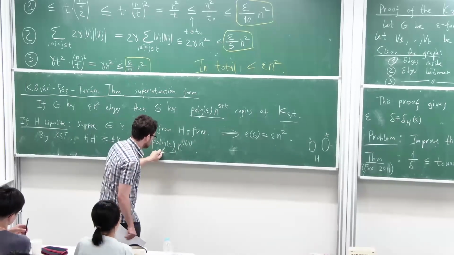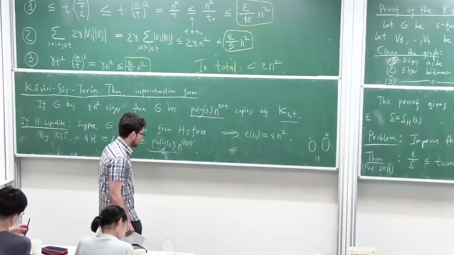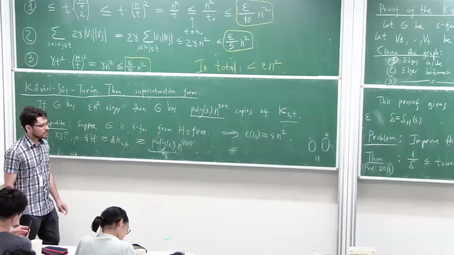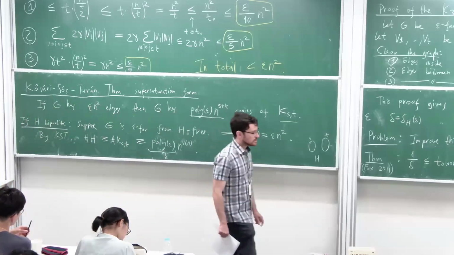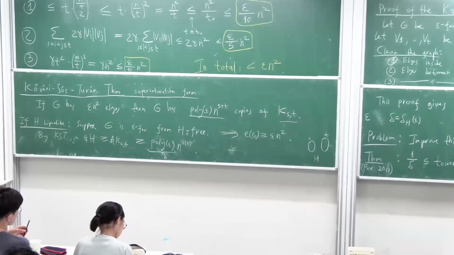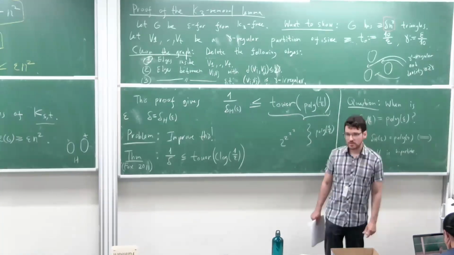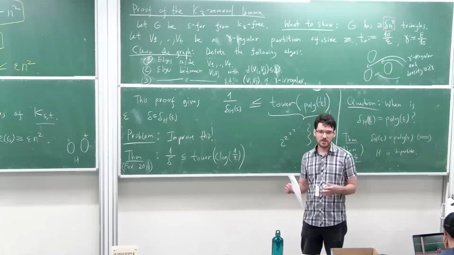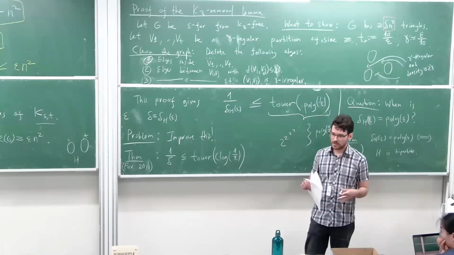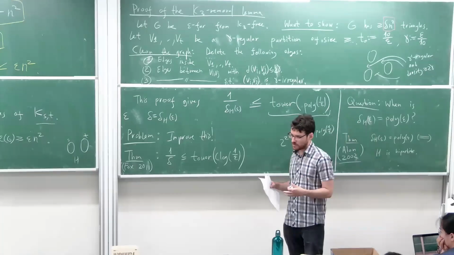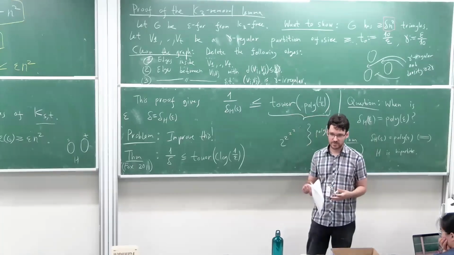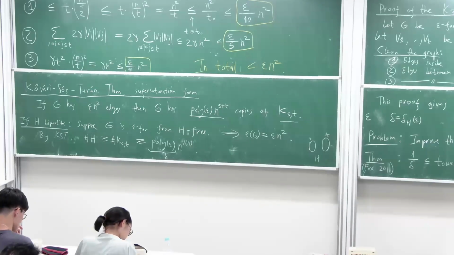So this delta is polynomial. This direction is easy, and tomorrow we'll prove the other direction, and you'll see it's an interesting proof. It uses something from additive combinatorics: a construction of sets which don't have three-term arithmetic progressions. So you'll see this connection.